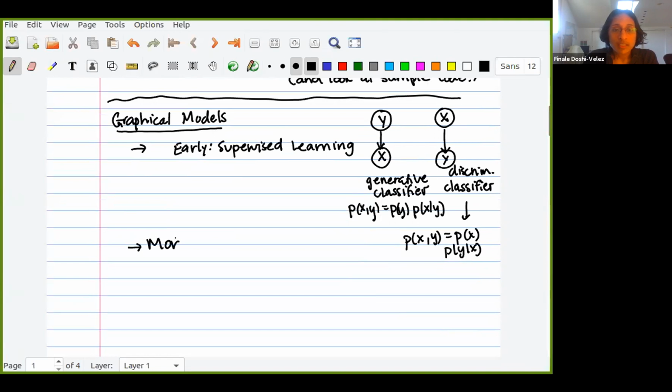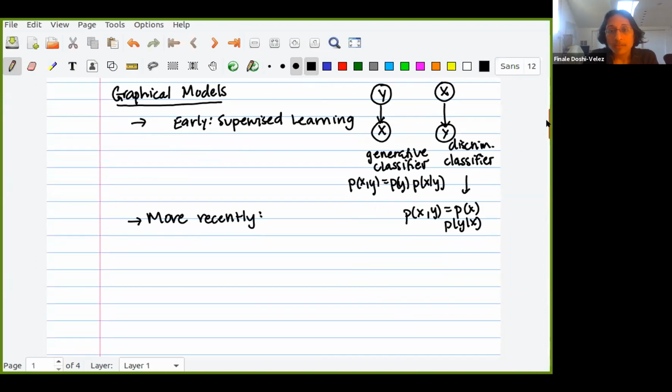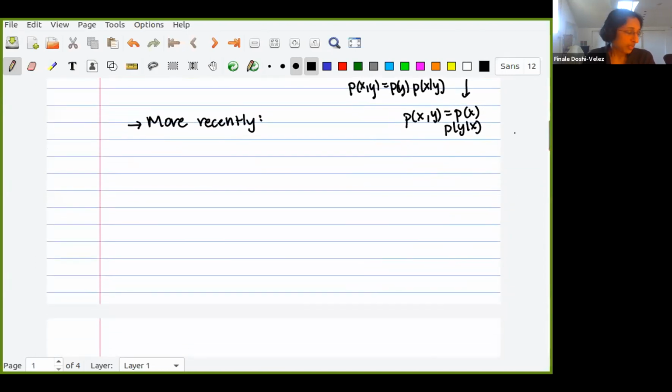More recently, we've seen some more graphical models. And here I'm just pointing out things that we've seen, and we can put them into the same picture framework. So we saw mixture models. And now I'm going to make our graphical model pictures a little bit more sophisticated.